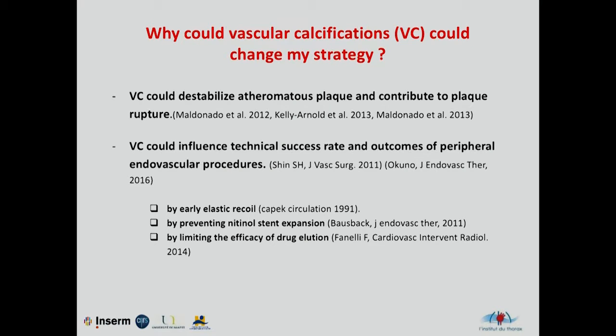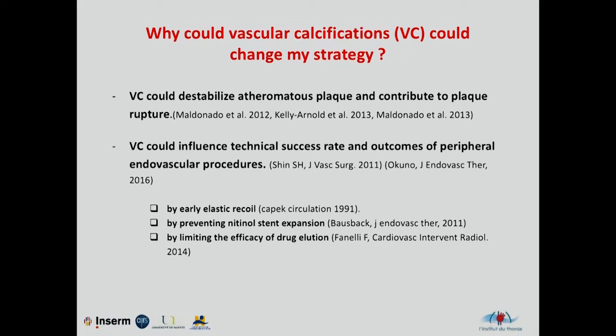And we know that this kind of calcification, sheet-like, clear center, osteine metaplasia, is going to change the results of the endovascular treatment, of DCB, DES, stenting. We know, according to some studies, that vascular calcification could destabilize the atheromatous plaque and contribute to plaque rupture at the infrainguinal level.